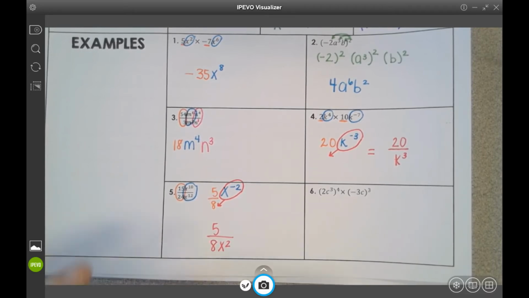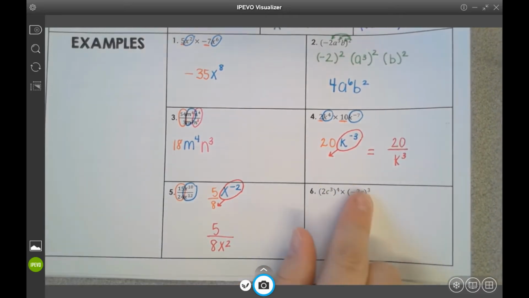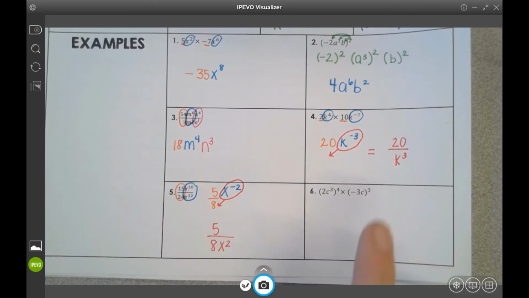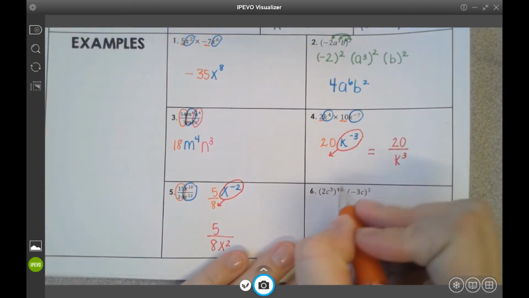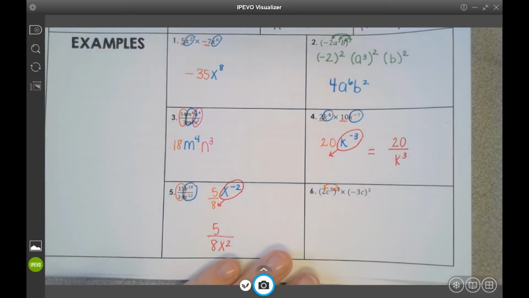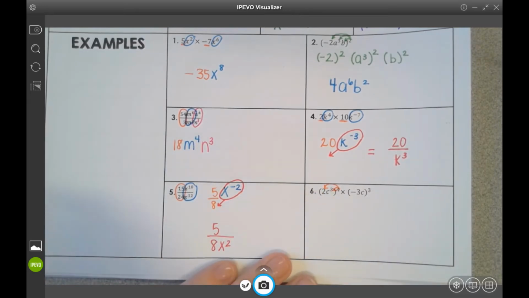Okay. Number 6, this one's got a few things. Let's do the exponent part first. So we have to take that 4 and apply it to both the 2 and the c cubed.